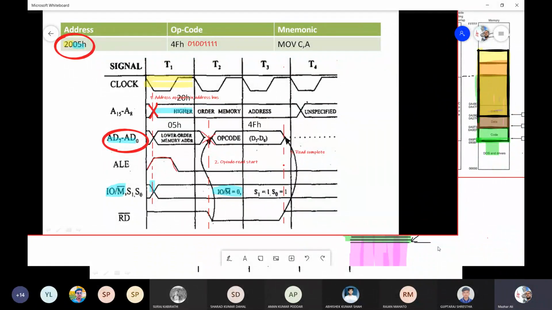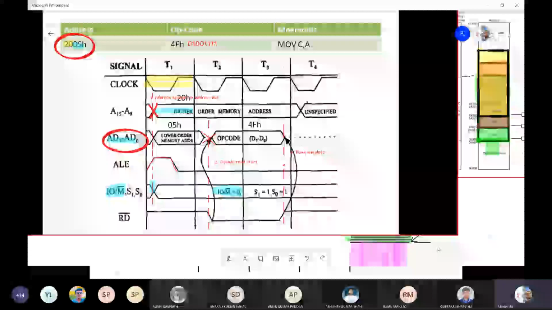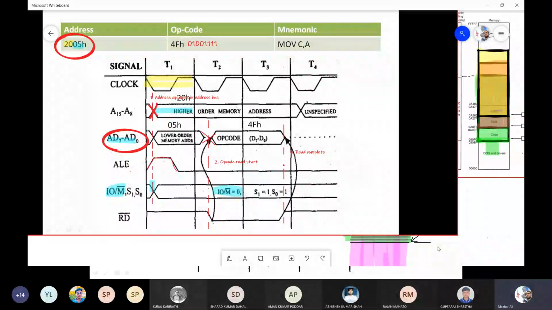So the latch saves the address in its own register, in its buffers. So that means the address is latched over there, hence replacing the address by the opcode in the T2 state still does not change the address in the address bus, and hence throughout the read duration, that means the T1, T2, T3 duration, the address remains on the address bus.